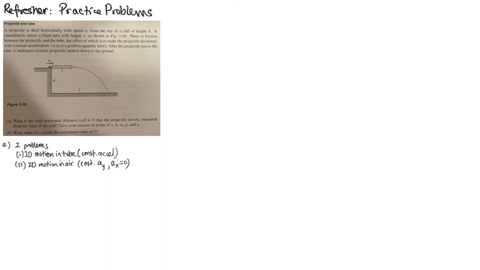Let's also annotate this diagram a little bit to say when the projectile gets to the end of the tube, let's call its velocity there v. Okay, so it starts with an initial velocity v0, it slows down as it goes through the tube, and it emerges with a new velocity v. So we have a couple of things that we can do here. We can think of this distance L that we're trying to find as being made up of two pieces.